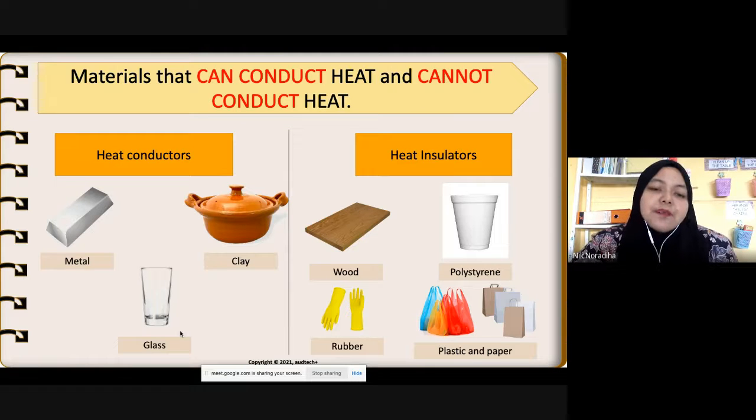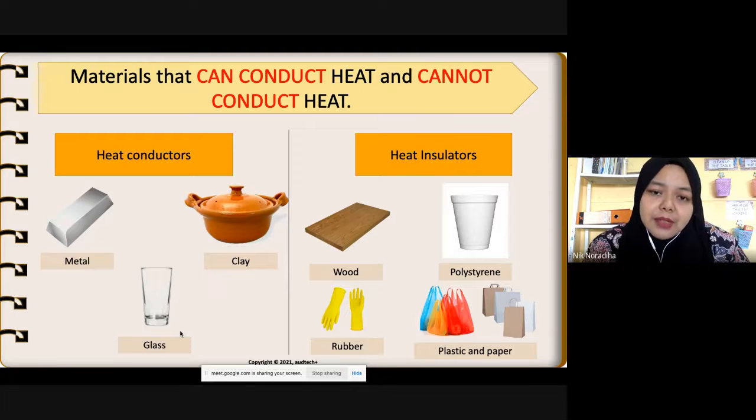Okay, so heat conductors mean can conduct heat. All right, so metal, clay, and glass are some examples of the materials that can conduct heat. Why do we say metal, clay, and glass can conduct heat?